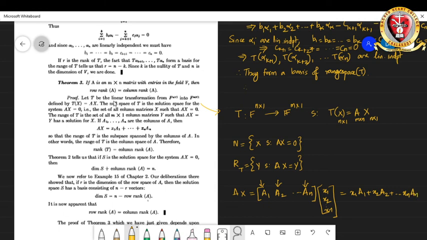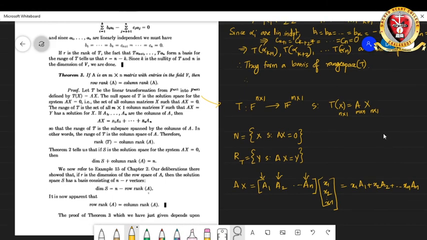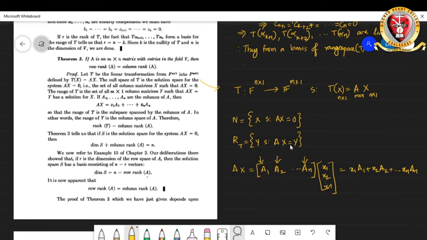So that means the range of T, which is this, y is equal to Ax. So this y is actually spanned by the columns of A. In other words, we can say that the range of T is the column space of A.